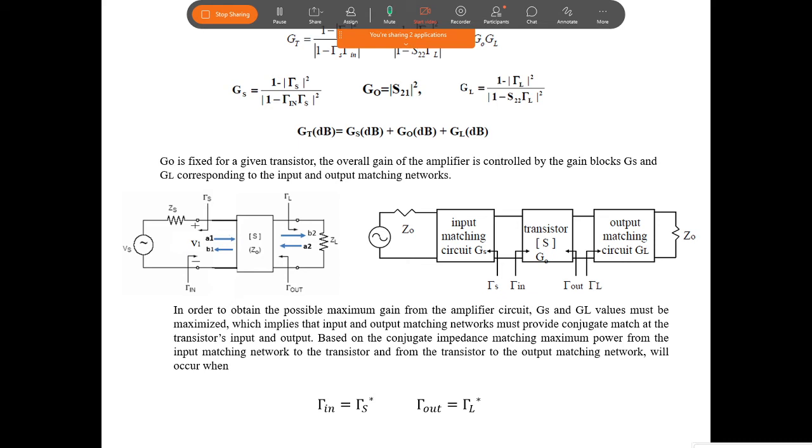If you take any impedance on that circle, it gives GS equal to 2 dB.